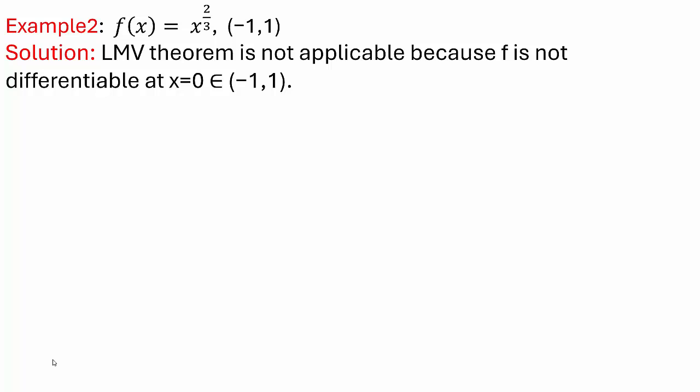f dash at 0 equals the limit as h tends to 0 of (f of 0 plus h minus f of 0) divided by h.